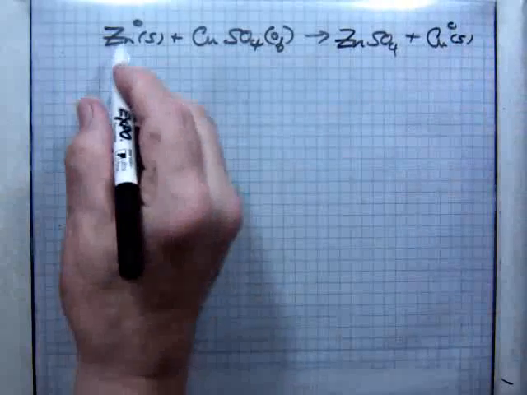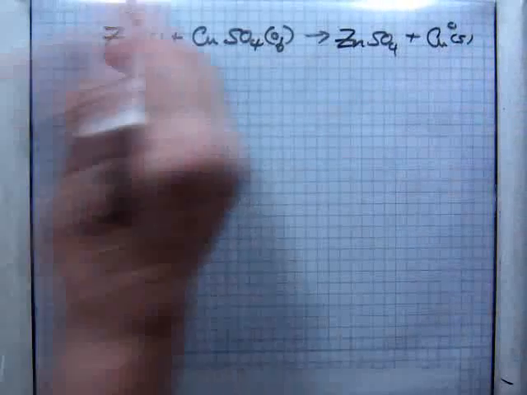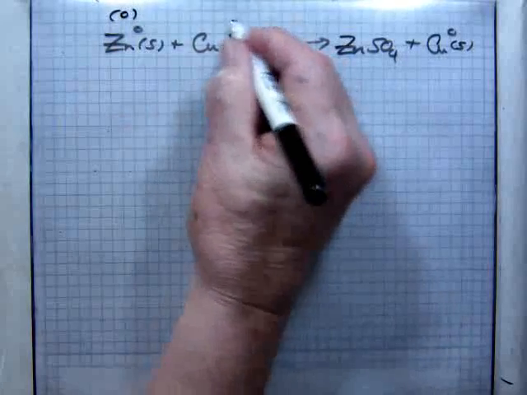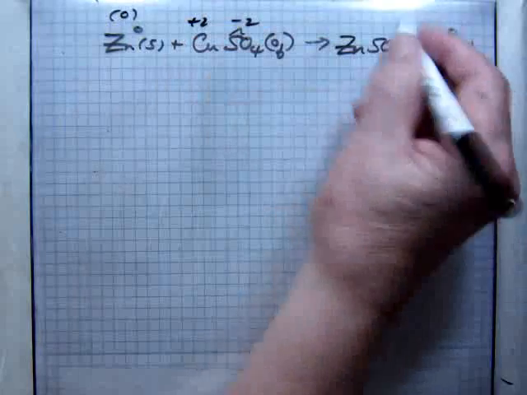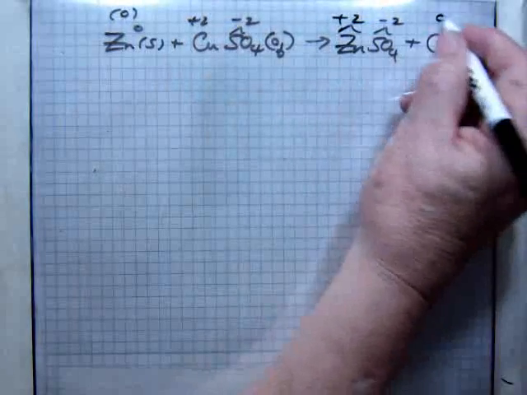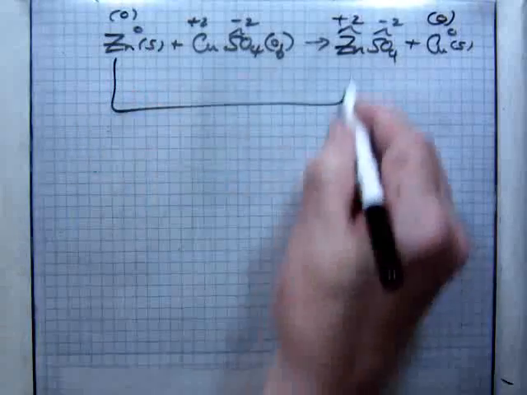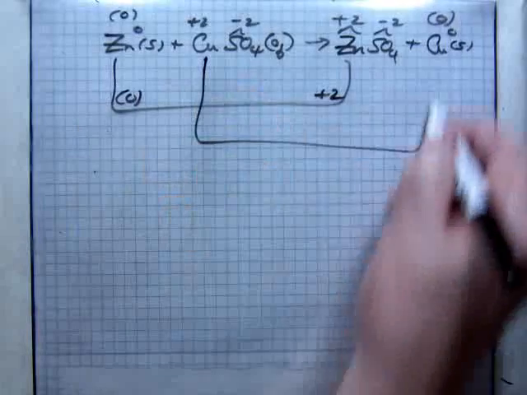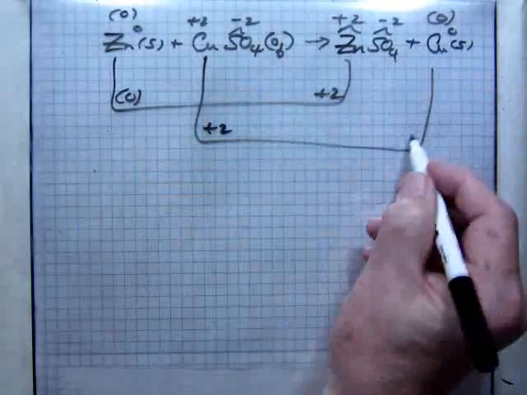If you look at this, zinc is a 0 oxidation state. Sulfate's a -2, copper's +2. This was -2, this is +2, and this goes to 0. So zinc goes from 0 to +2, copper goes from +2 to 0.